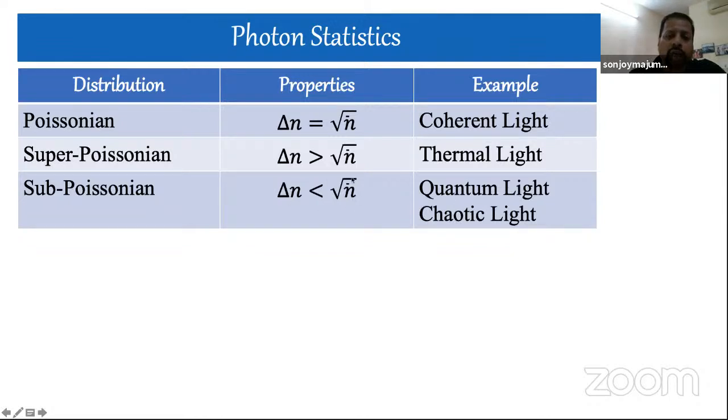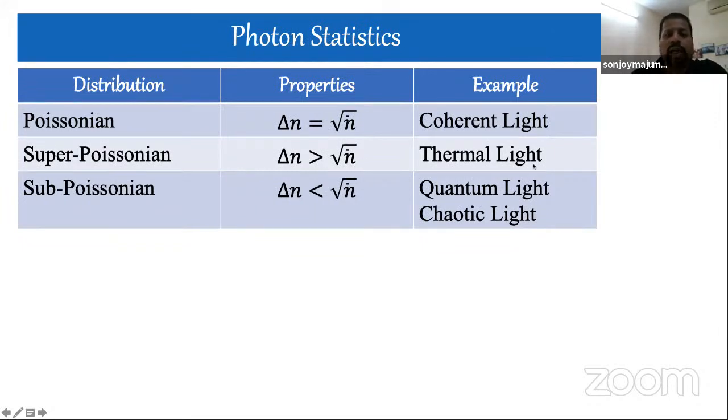For the quantum light, you will have delta n less than or equal to the square root of n bar. For thermal light or chaotic light, you will see that the fluctuation will be more than the square root of the mean value of the number distribution, or you can say the variance will be larger than the mean value. We'll try to see whether that is really true or not.